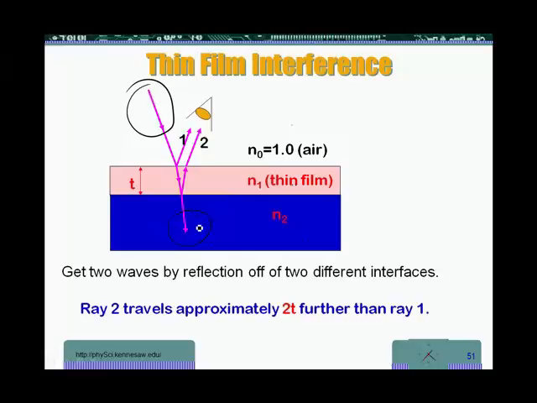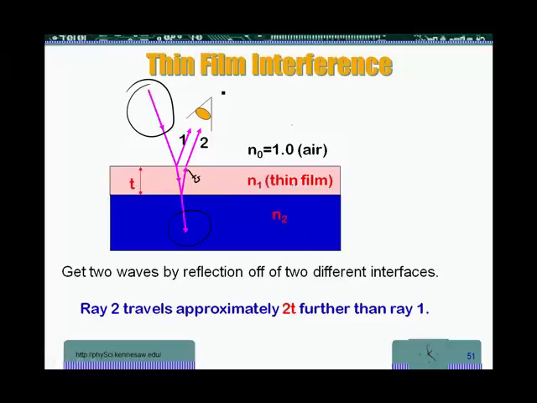We are not going to worry about this one for this case. Let's worry about the reflected one. The reflected one, once it reaches the interface with the air, part of it again is going to be reflected, but we are not going to worry about that. And part of it is going to move back out into the air.